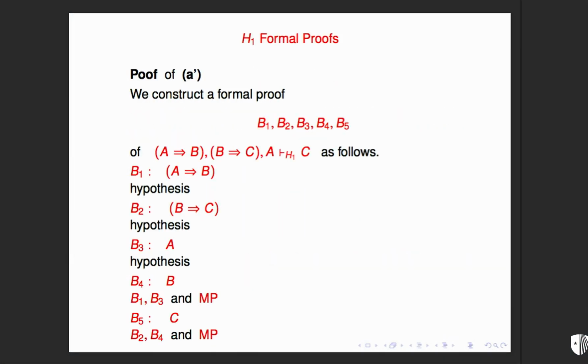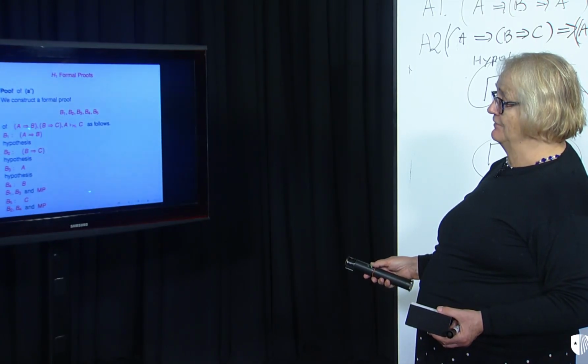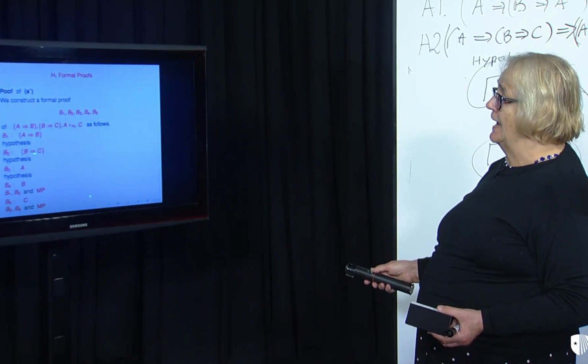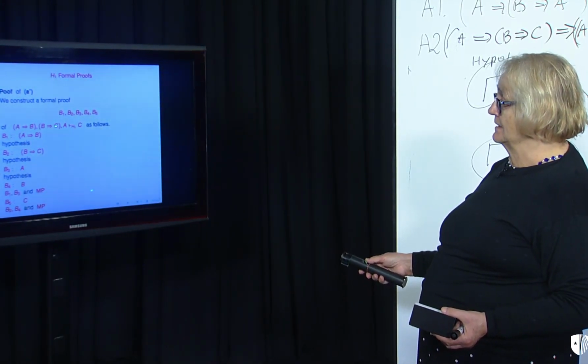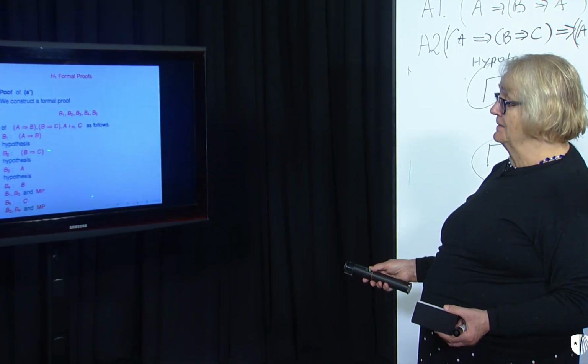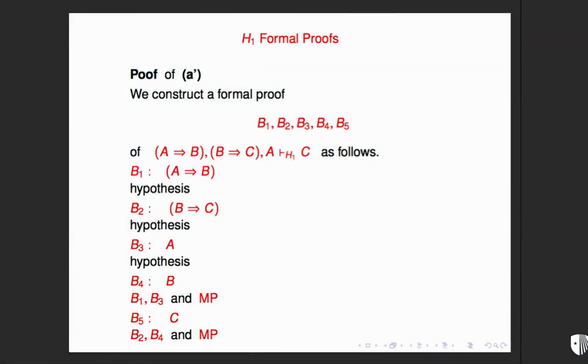How you construct a proof from A, B, B, C, A, proof of C. It means I have this is my hypothesis. I have this is my hypothesis. And I have A, because it went by deduction theorem to the set of hypotheses.